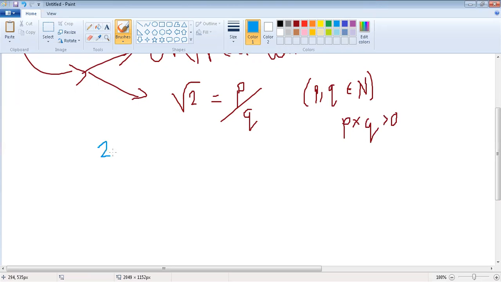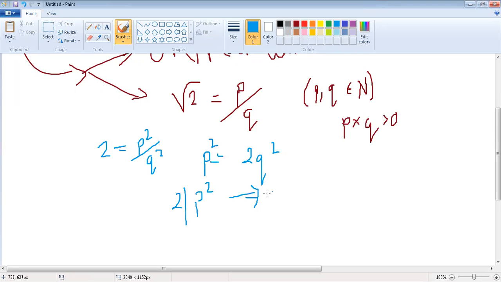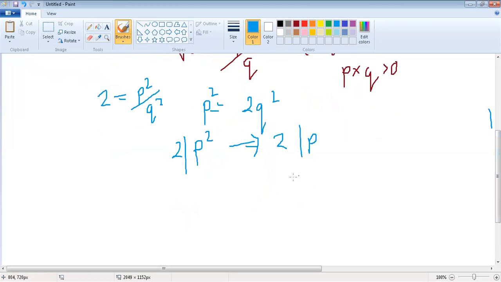Now squaring both sides, we get p square over q square equals 2, so multiplying both sides by q square, we get p square equals 2 times q square, which clearly tells 2 divides p square, as we learned in the comparing method. So since p is a natural number, 2 divides p. So let's assume p equals 2 times m.